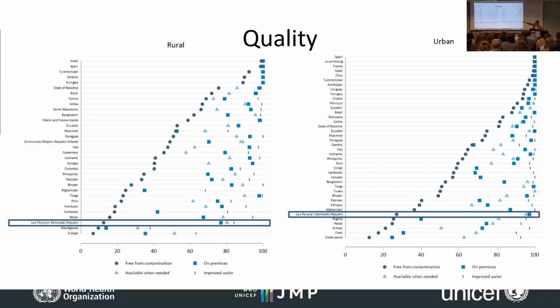So we've got 33 countries in rural, 40 countries in urban, and I wanted to zoom in on Lao People's Democratic Republic, because in both settings, they have pretty high coverage of improved, on premises, available when needed, but they've got a ton of contamination. And this is fecal contamination, it's not arsenic or fluoride in this case. In the urban areas, the next limiting factor is availability when needed, but they're both really high, actually.